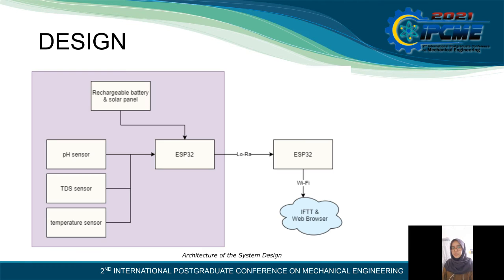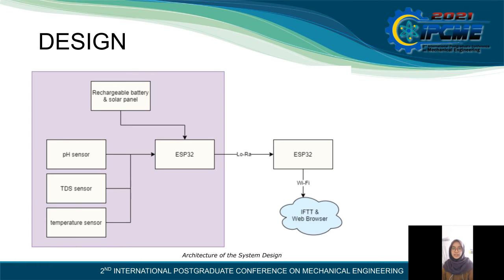As displayed here on the slide, this is the architecture design of the system. The components that are placed within the purple squares are deployed into the environment. There are two ESPs being used. One, which is the one deployed, we will call the sender, and another one connected to the Wi-Fi is called the receiver.